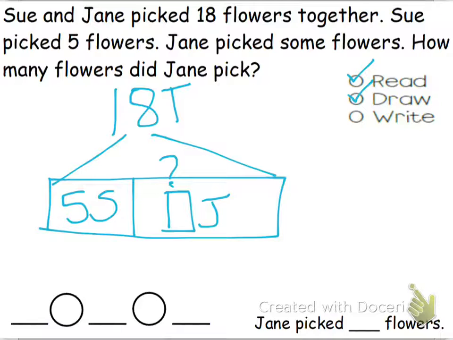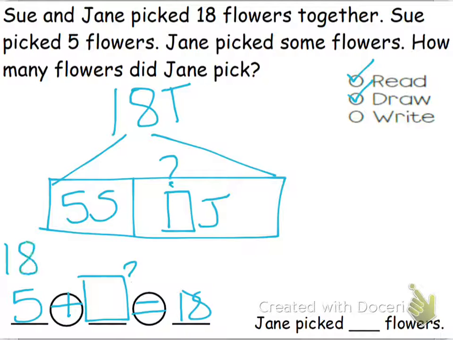So now let's do our number sentence. Now you can set up your number sentence 2 different ways, which I kind of talked about a little bit in the last missing part video. The word problem does not tell you that something's being taken away, which means that normally lets you know that you're subtracting. So you could do addition, or you could do subtraction to be able to figure it out. So either one is fine. So you could do 5 plus mystery box equals 18.